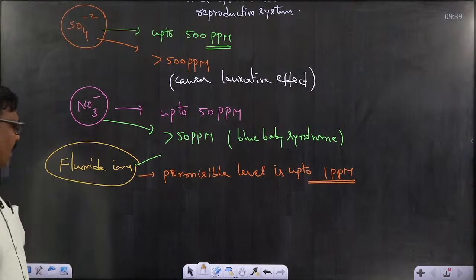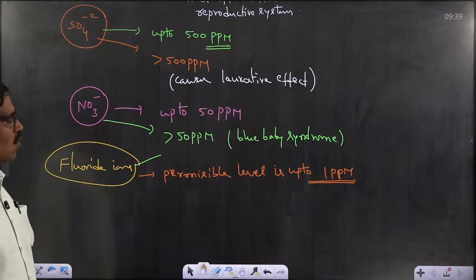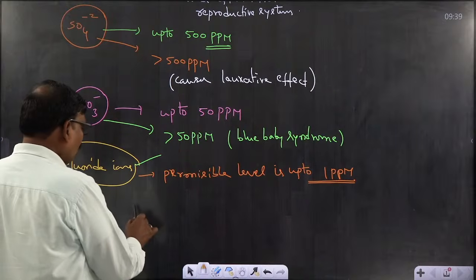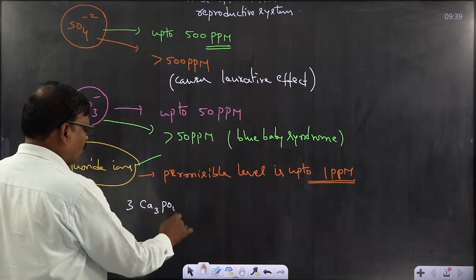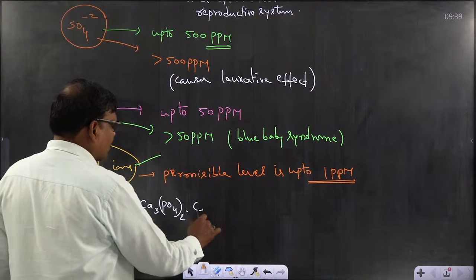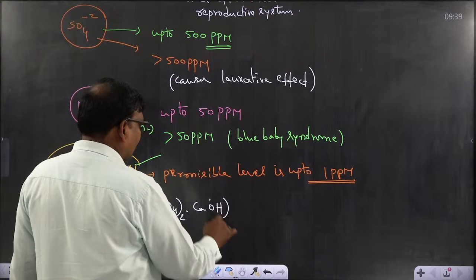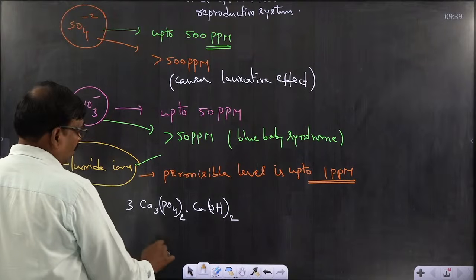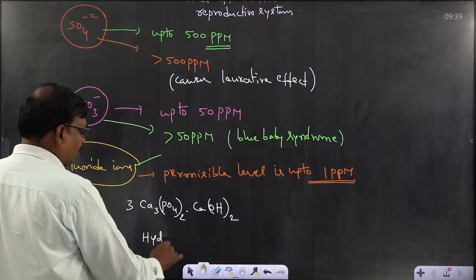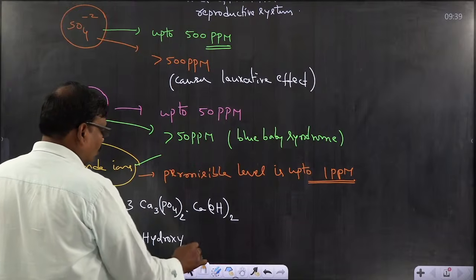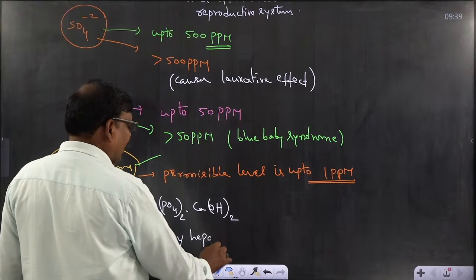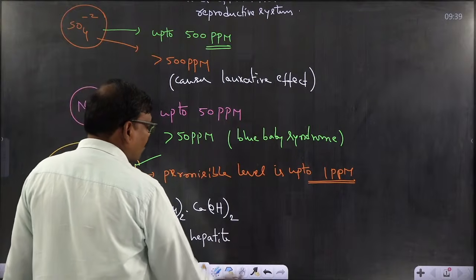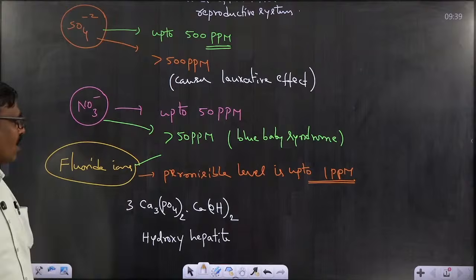That fluorapatite is formed from hydroxyapatite. We know the formula of hydroxyapatite: Ca3(PO4)2, Ca(OH)2. This hydroxyapatite is converted into fluorapatite by the fluoride ions present in the water.